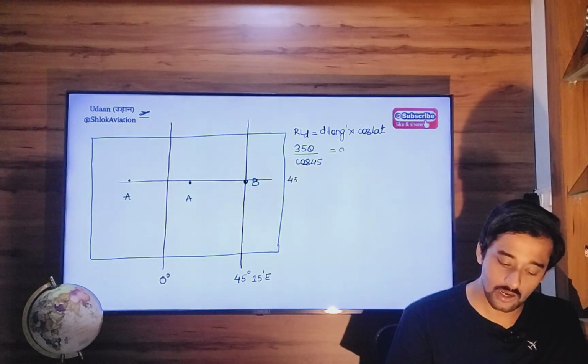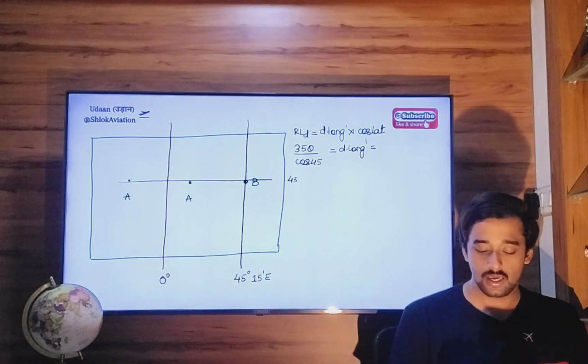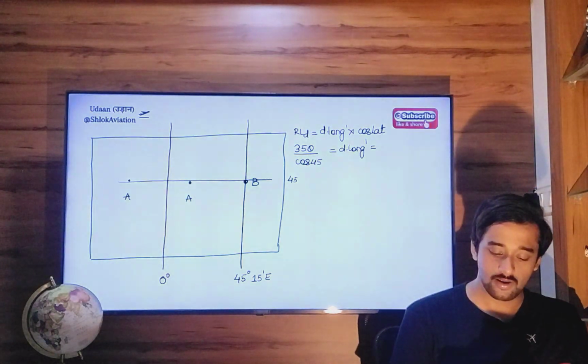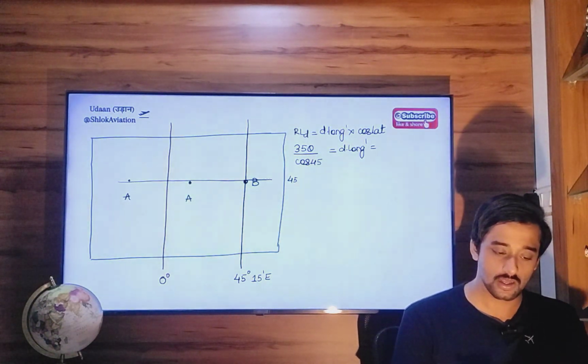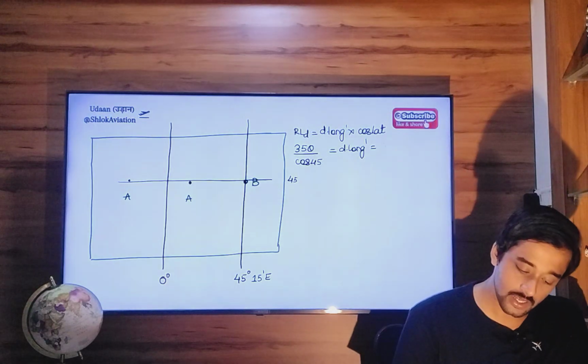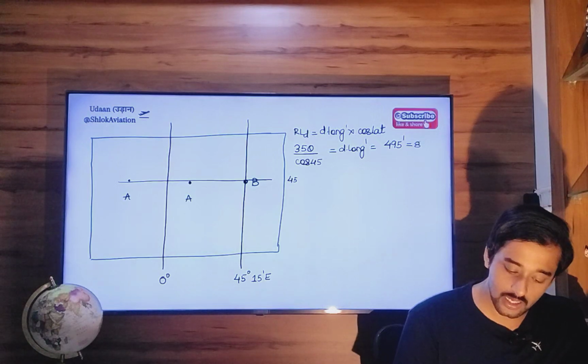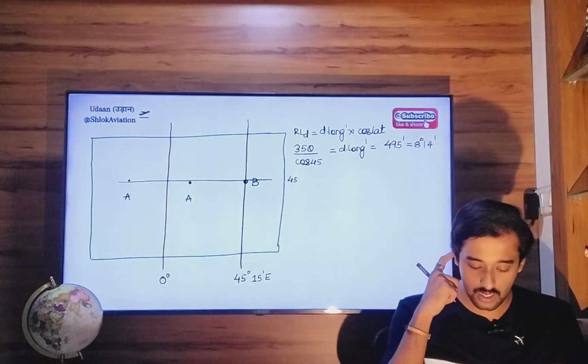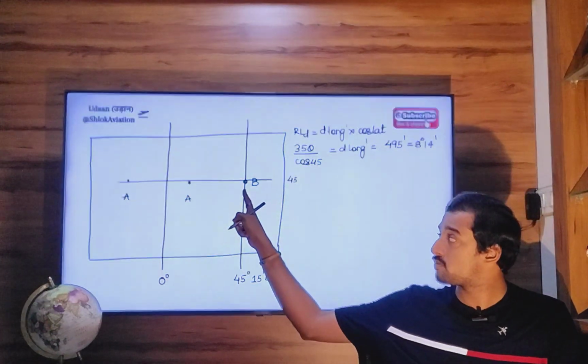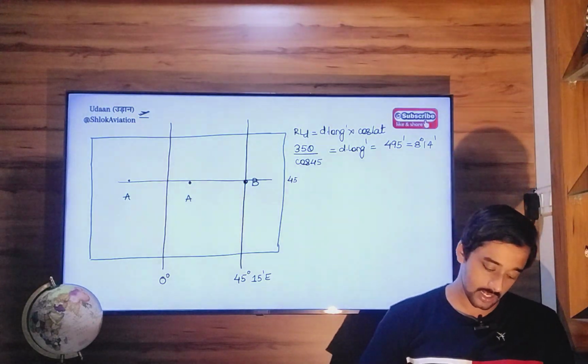That is equal to d long in minutes. So 350 divided by cos 45 is 495 minutes. Divided by 60 is 8 degrees 14 minutes. So the difference between position B and Alpha is 8 degrees 14 minutes.